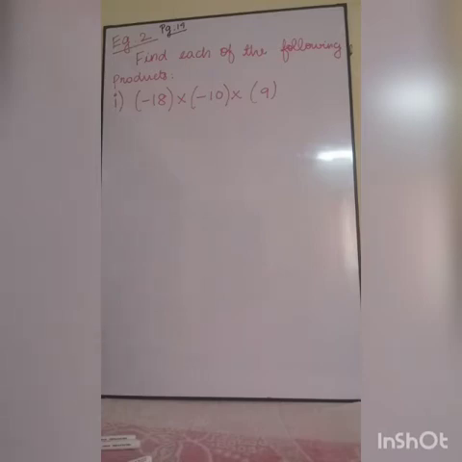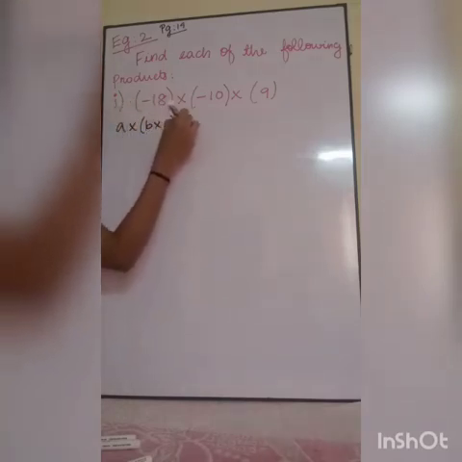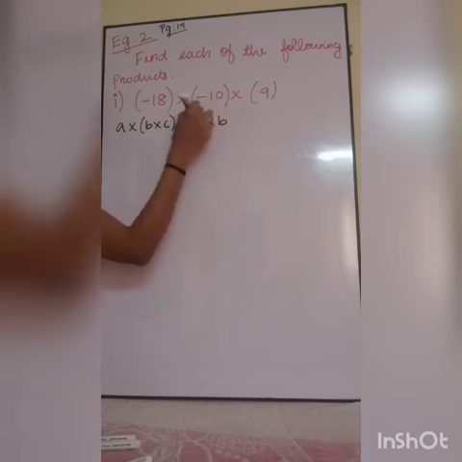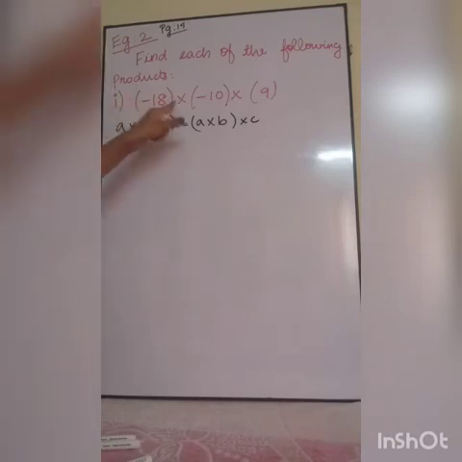What is the associative property? A into B into C equals A into B into C, grouped differently. If 3 integers are given with multiplication signs, you can use the associative property.